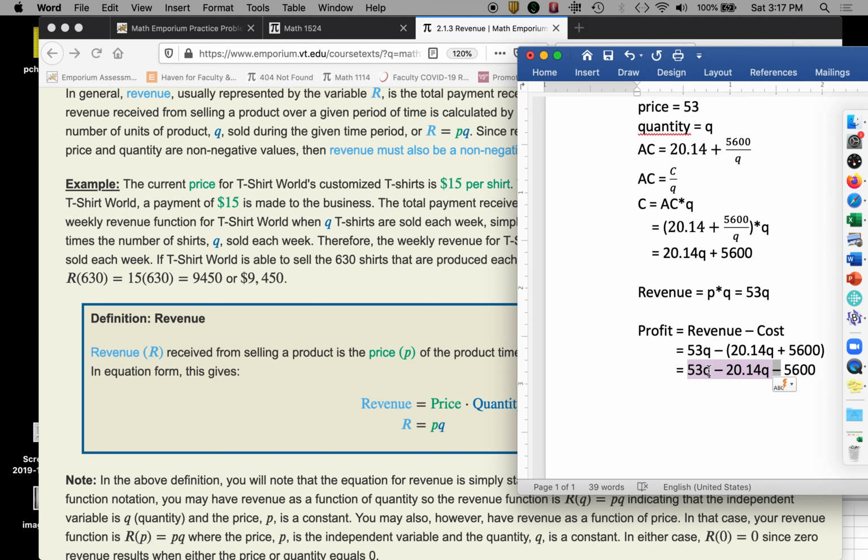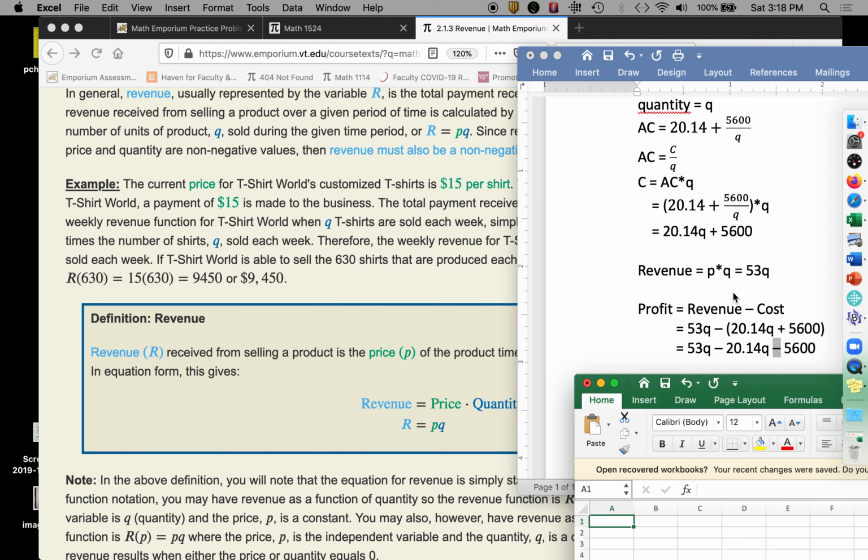Okay, so I subtract both terms, or you can think of it as distributing the minus to both terms inside the parentheses. Okay, I only have two like terms here. I have the 53Q minus 20.14Q. That's the only simplification I can do there. And maybe you can do that in your head, but just to be sure, I'm going to use Excel as my calculator. And in Excel, when you want to do a calculation, you just do equals first, and then 53 minus 20.14.